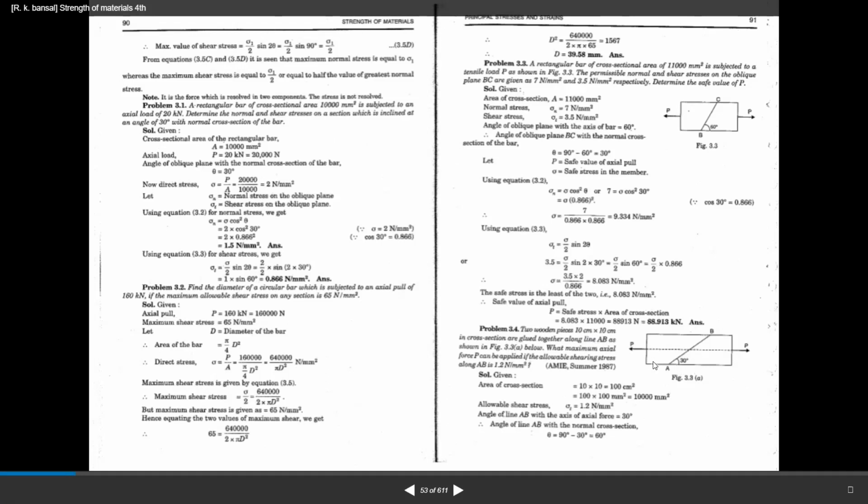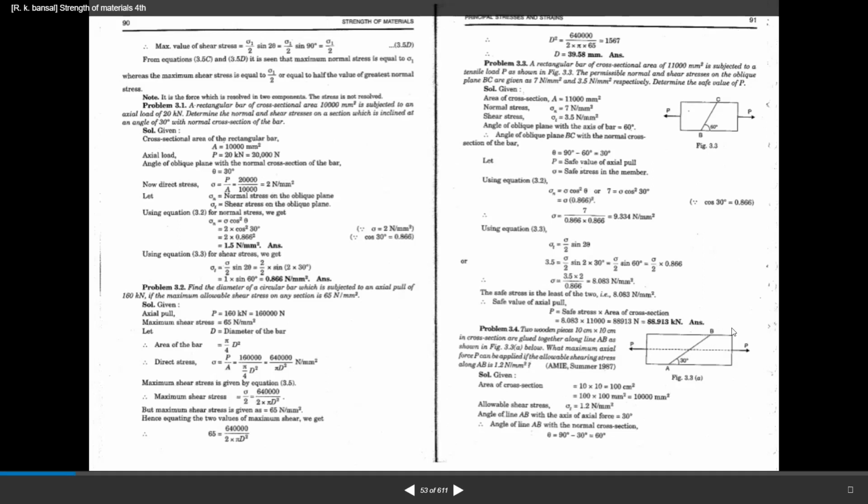See the diagram, as shown in figure 3.3a. What maximum axial force P can be applied if the allowable shearing stress along AB is 1.2 Newton per mm square?